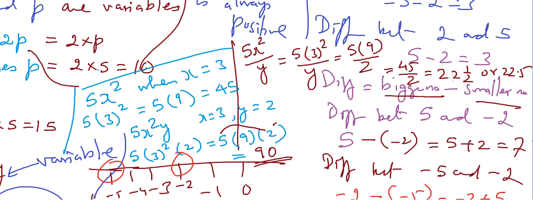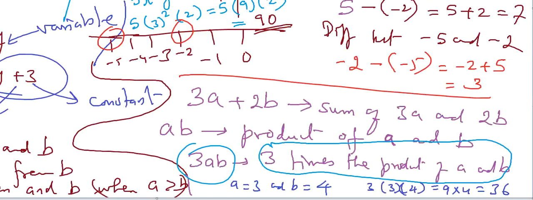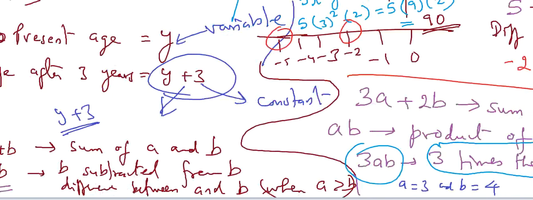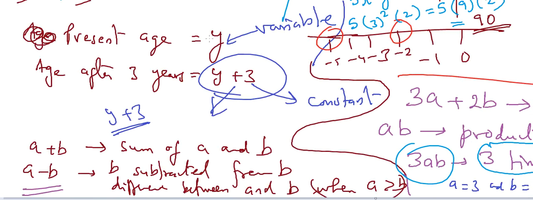It won't be confusing if you use brackets. As I said, even a negative number can be there.